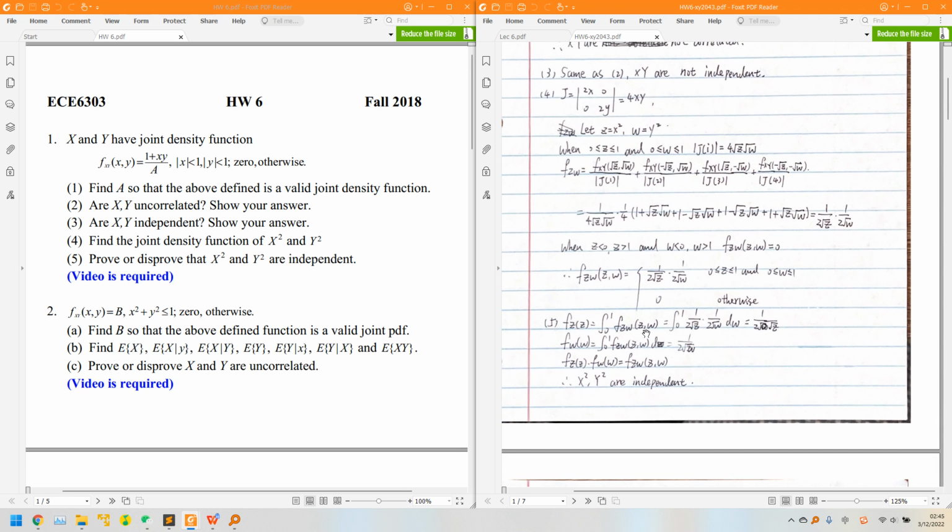We do the integration and get the result, which is 1 over 2 times the square root of z. Similarly, we get the density function of w, which is 1 over 2 times the square root of w. We can see that the marginal density functions multiplied together equal the joint density function. So x squared and y squared are independent.